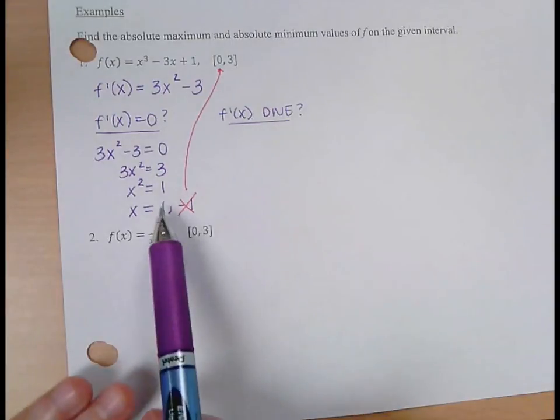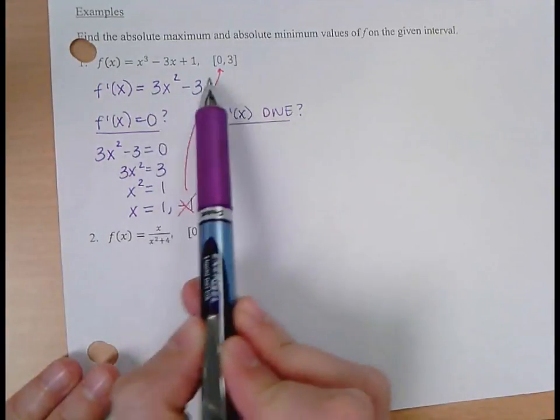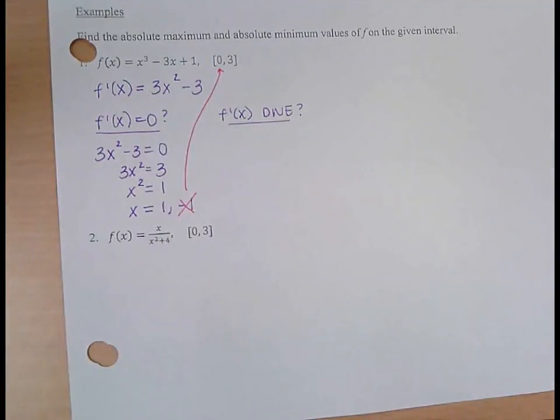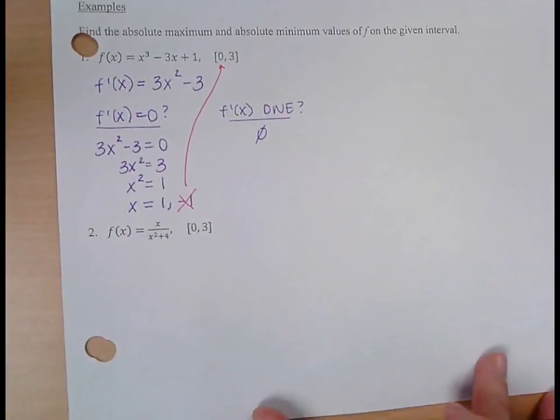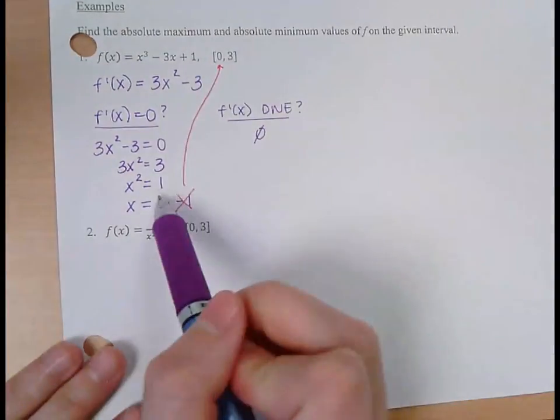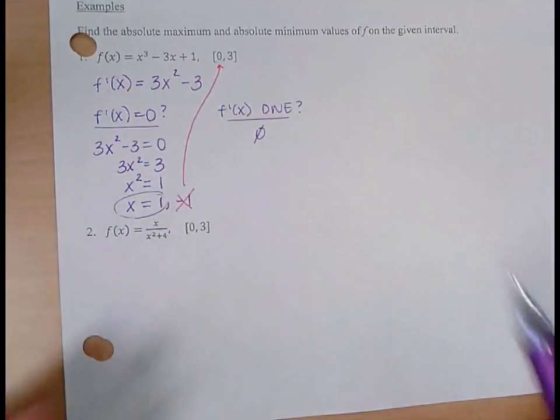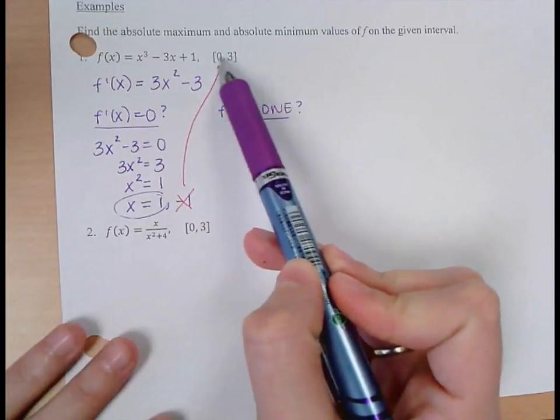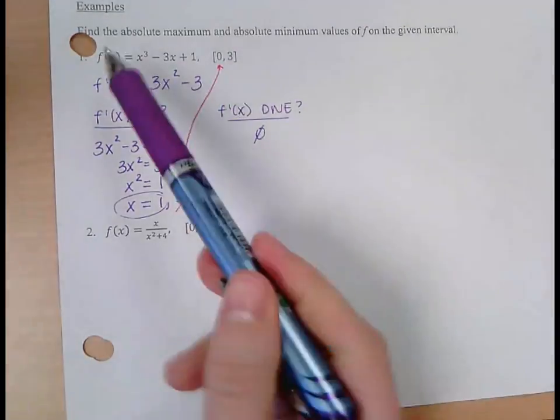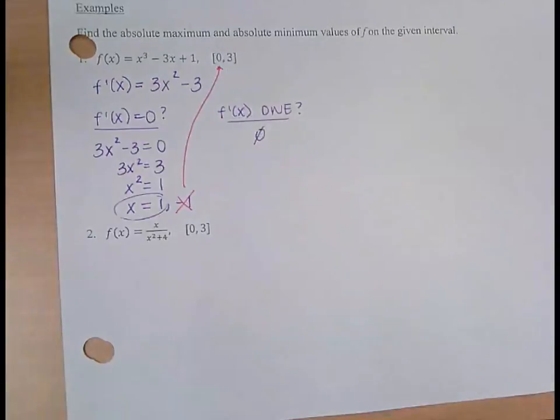Okay, so we have a critical value of 1, and then is there anywhere where the function 3x squared minus 3 doesn't exist or is undefined? No. So there's no values here that make it undefined. So then once you have your critical values, in this case we just have the 1, and then your two endpoints, you then evaluate the original function at those x values.